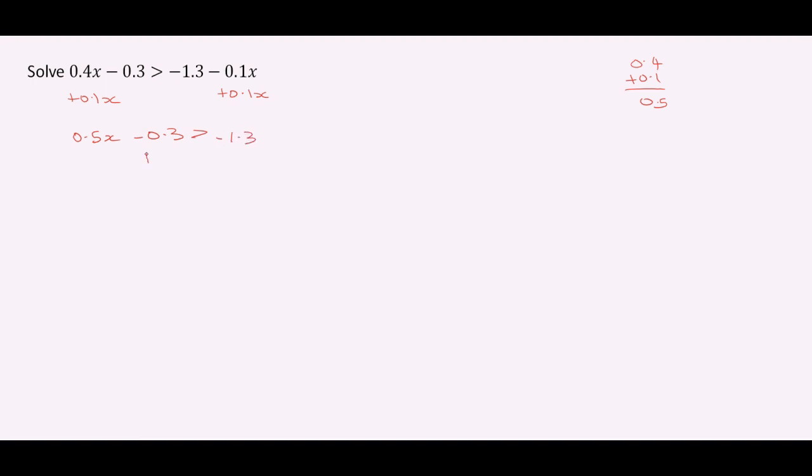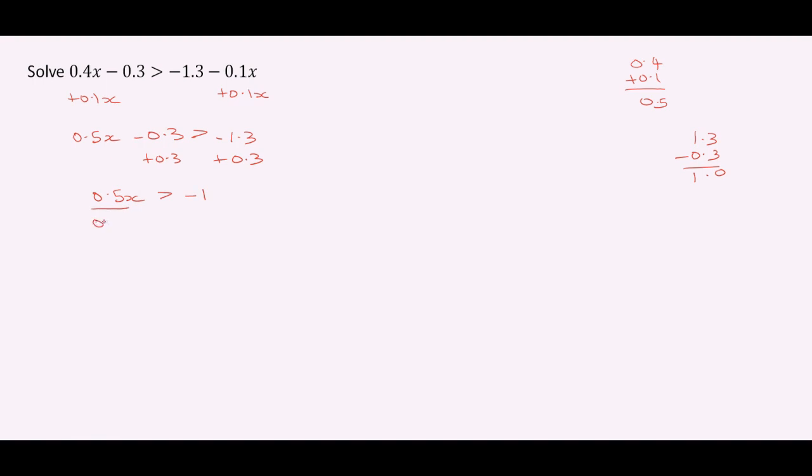Now we're going to add 0.3 to both sides. So minus 1.3 plus 0.3, we're going to subtract 1.3 minus 0.3. That's 1. So 0.5x is greater than negative 1.